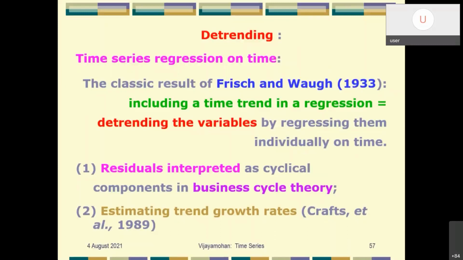Then the regression will be about the real terms, real returns and real exchange rate. So that is the Frisch-Waugh theorem. Got it?